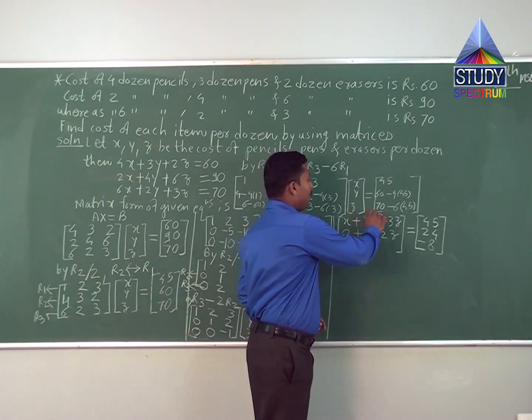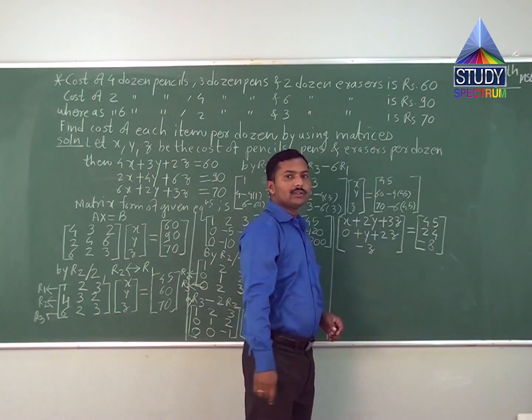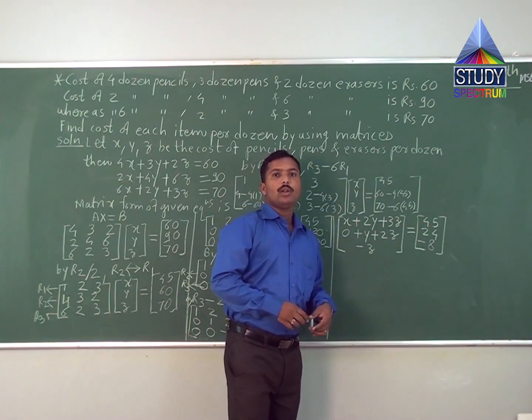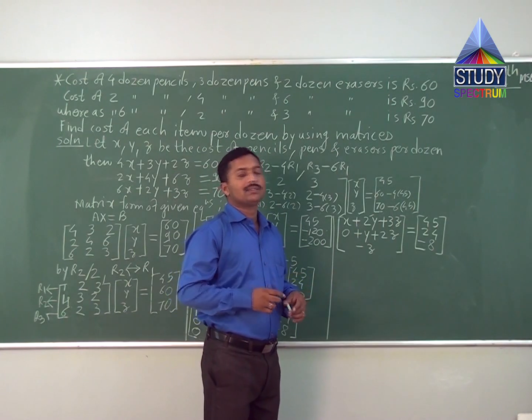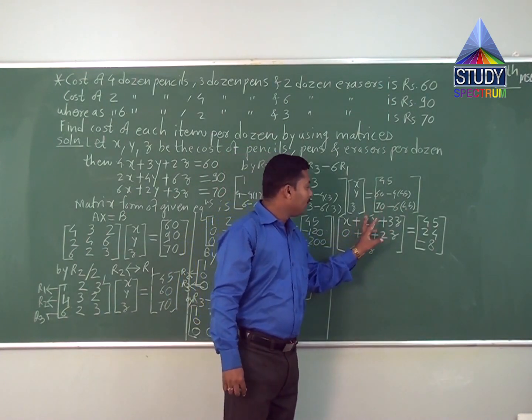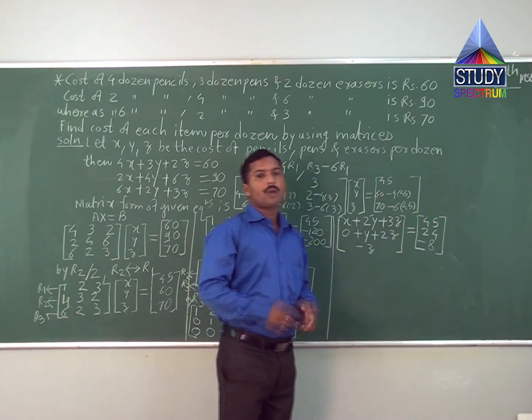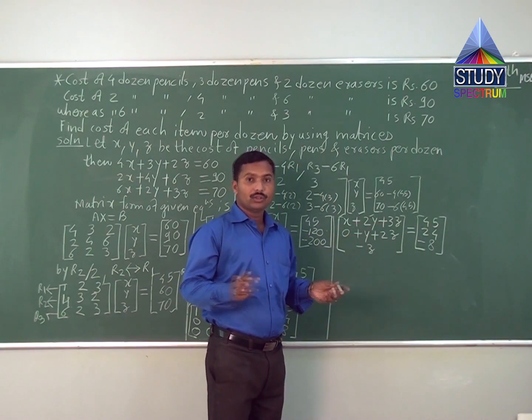So here the two matrices are equal. By equality of two matrices, what? Equality means place to place equals. Each number of this matrix equals each number of that matrix, place to place.